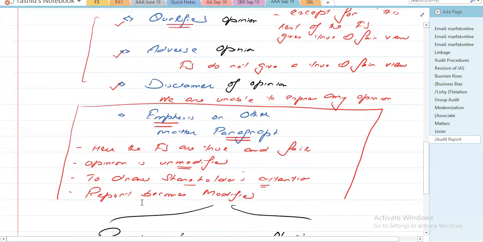But except for this emphasis or other matter paragraph, because here the opinion is unmodified, but because we are adding an additional paragraph in it, the report becomes modified.